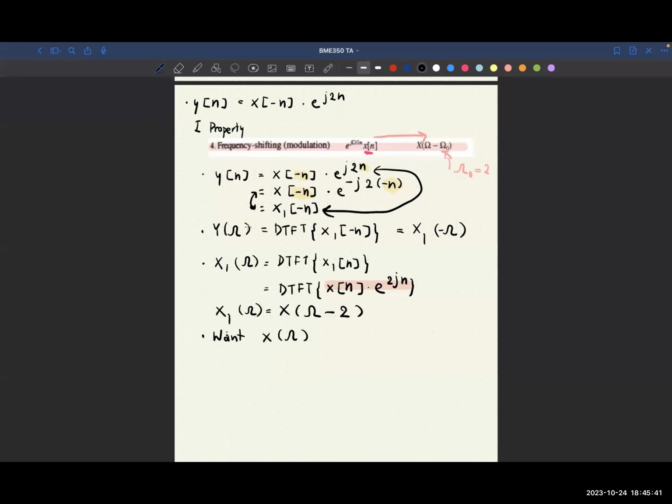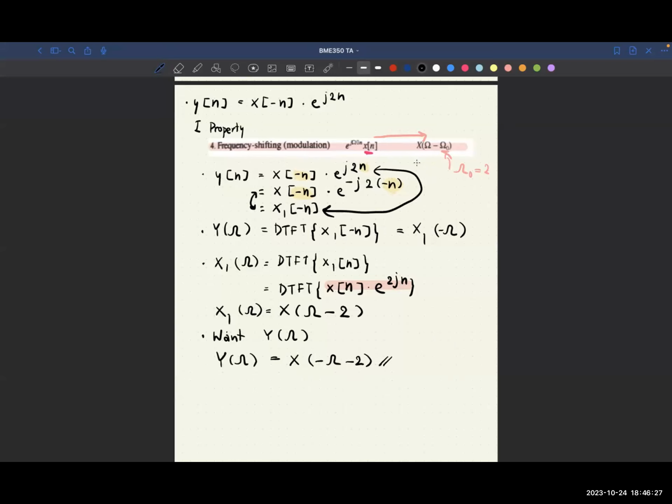So basically we use the time reversal property here. Therefore, excuse me, we actually want y of omega. We will get our y of omega as x of negative omega minus 2. And that will be the answer to this question.